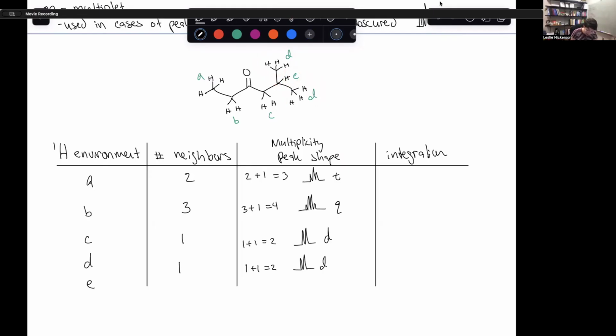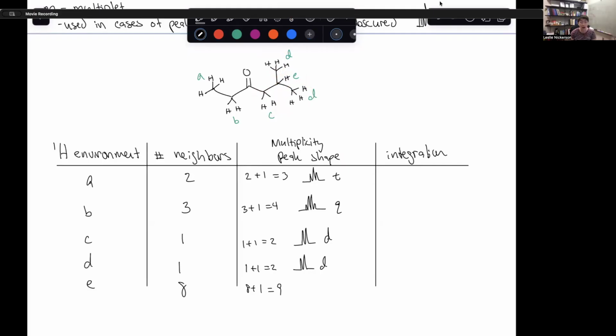Okay, then if we get down to E, we want to be looking at all of the possible neighbors that it's got, and we only have the 1 perspective, right? It's just the 1 H for E, so I'm going to be looking at all of them. So if I'm looking at this carbon, for my adjacent carbons, I've got this one, and this one. So I've got 3 there, another 3 there, and another 2. So I have a total of 8 neighboring protons here. 8 plus 1 is going to be 9.